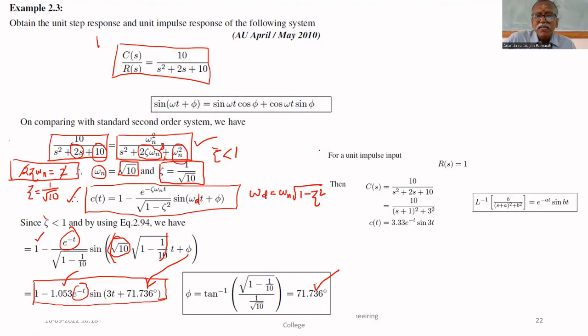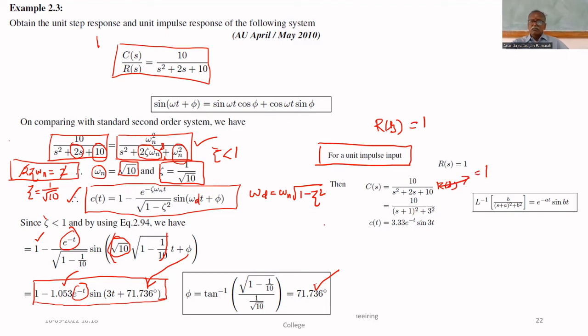For a unit impulse input, what is the response? What does impulse input mean? R of S equal to 1. Impulse input means R of S equal to 1. So C of S, if you bring that R of S here, R of S equal to 1.